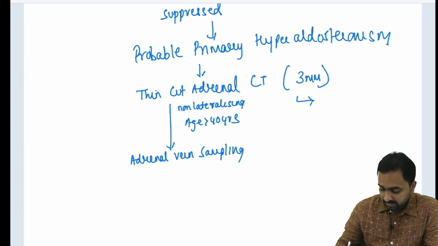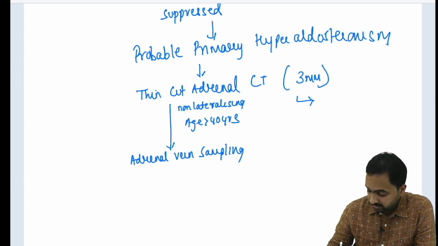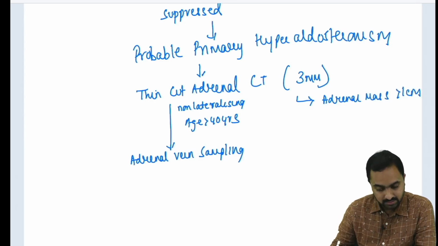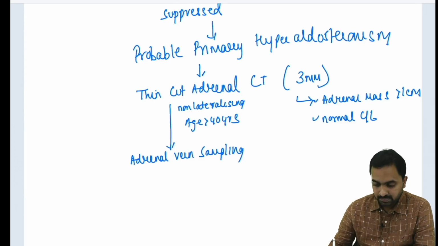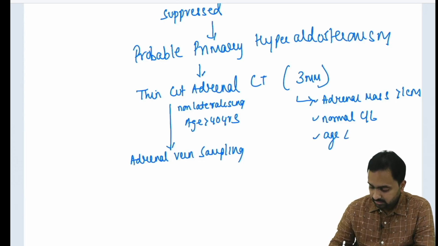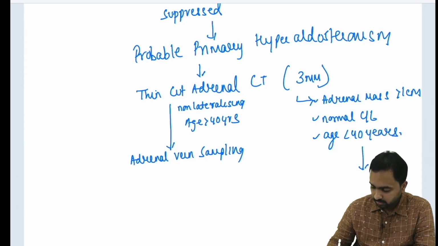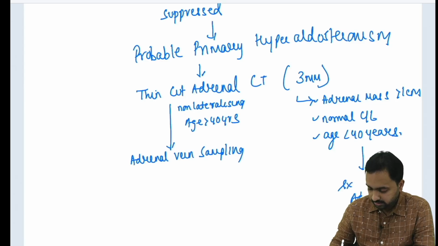Now, on the other hand, if the adrenal mass is noted, usually more than 1 centimeter, there is a normal contralateral adrenal gland, and age is less than 40 years, we go for the surgery, and surgery over here is adrenalectomy.